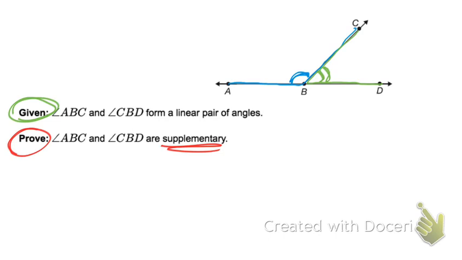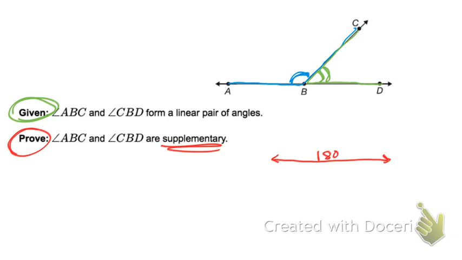Now, you might look at that and say, yeah, supplementary means they add up to 180. We have two angles next to each other. It looks like they form a straight line there. Then, yeah, those two angles must add up to 180 degrees, because 180 degrees is a straight line. It's obvious.